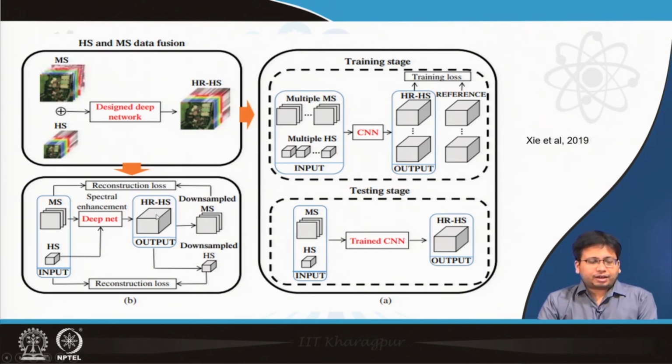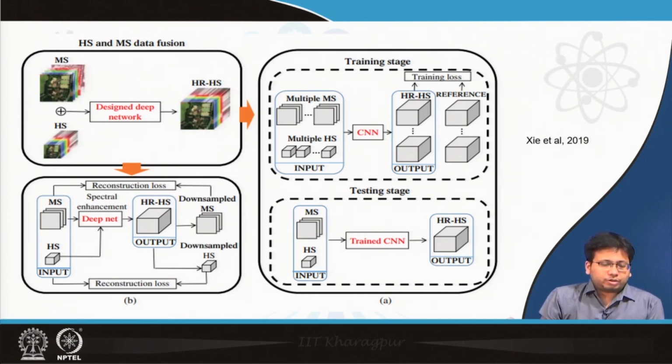In this case the output image is expected to be HRHS, the best of both worlds: it should have the same spatial resolution as the multispectral image and the same spectral resolution as the hyperspectral image.